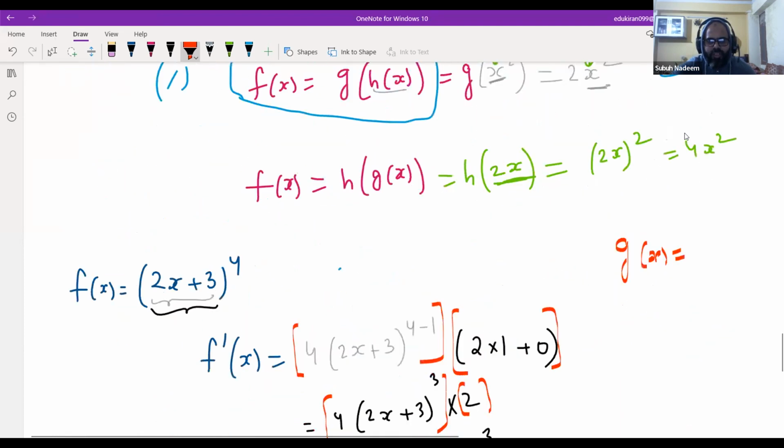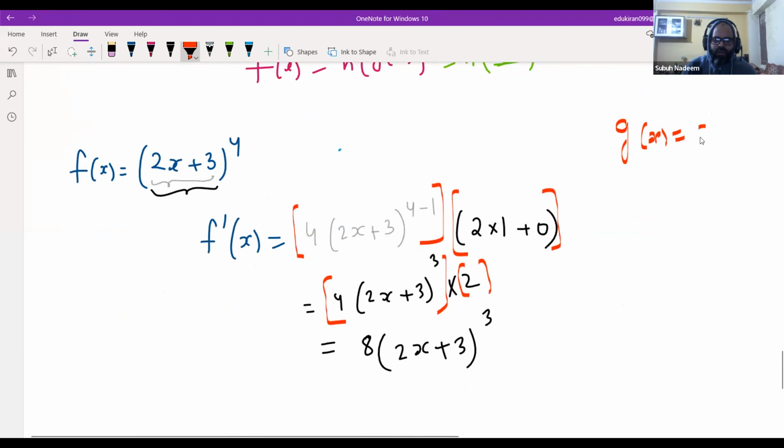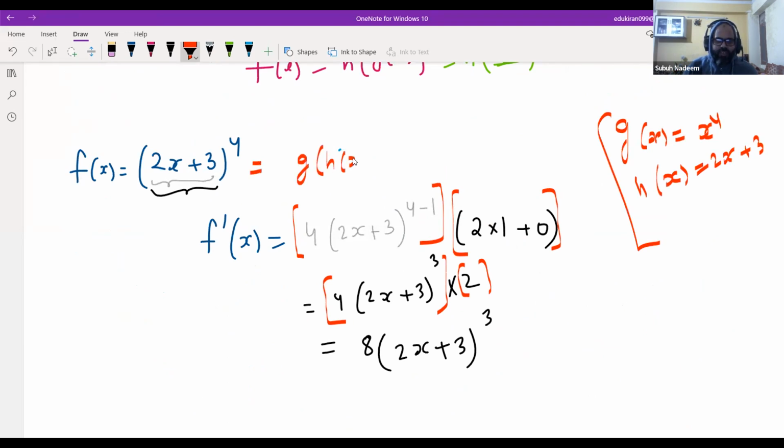Yes, g of x is x to the power 4 and h of x is 2x plus 3. This was the function g of h of x. So when you differentiated f dash of x, you did it like this: g dash of h of x into h dash of x.